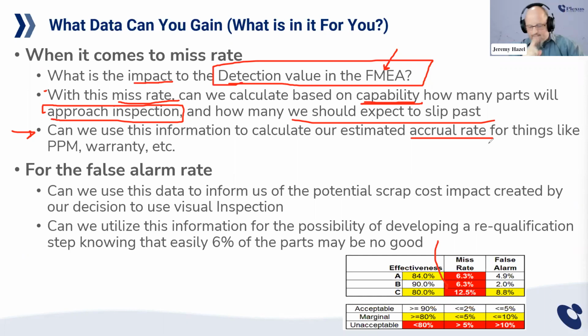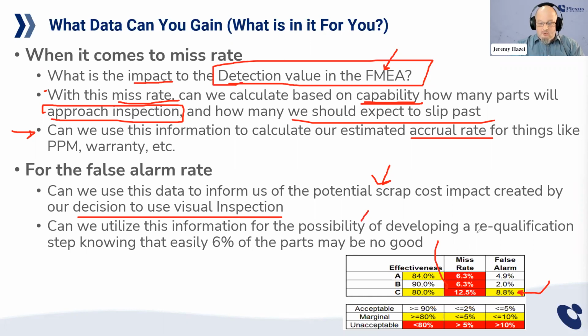The other thing, for false alarm, I look at this as potential scrap cost created by our decision to use visual inspection. So if my visual inspection around a characteristic is so poor that we err on the side of caution and my false alarm rate, let's say, is 8.8%, again, I can use this information.